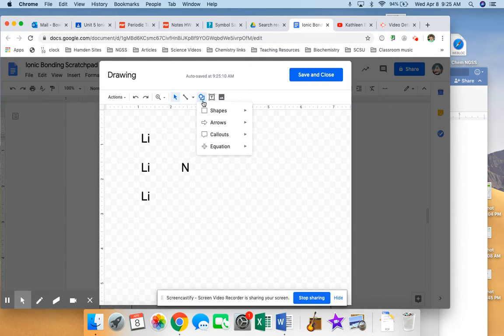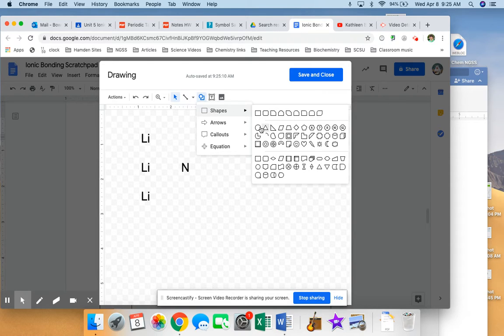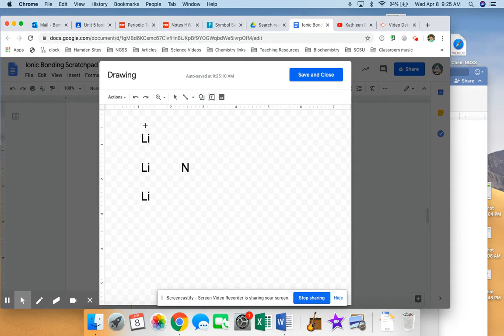Now what I'm going to do is show those dots. So I'm going to draw in a shape. I'm going to draw in little dots so we can see. So here's Li has 1 dot. You can sort of see that dot, right? I'm going to copy and paste that dot. How do I move it? This is harder than it looks. Okay, never mind. We're not going to draw it like this.